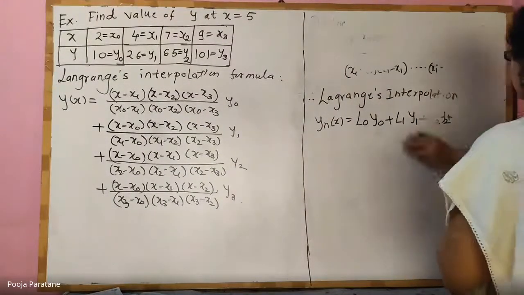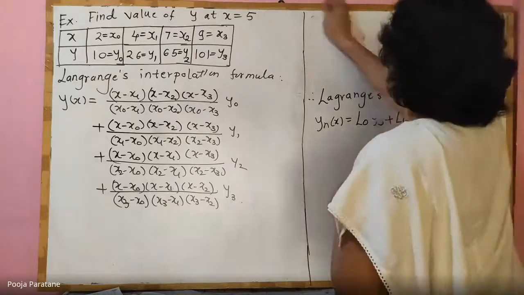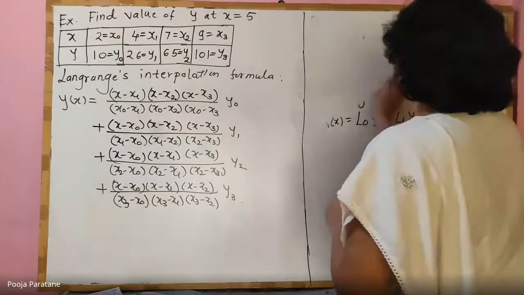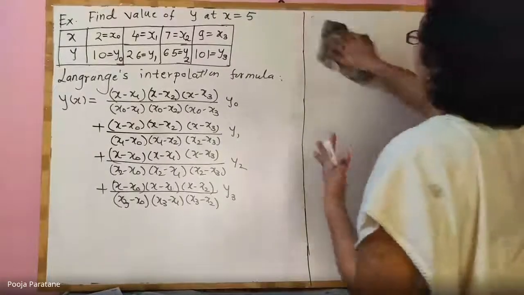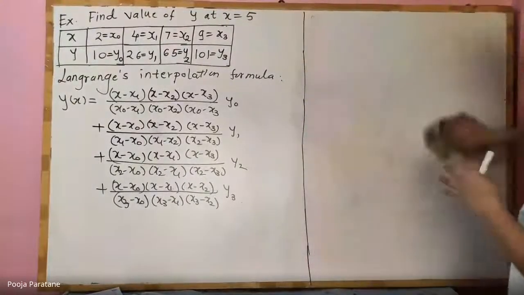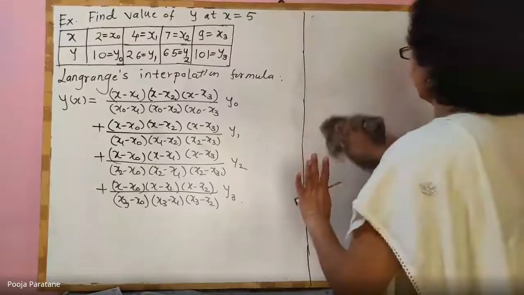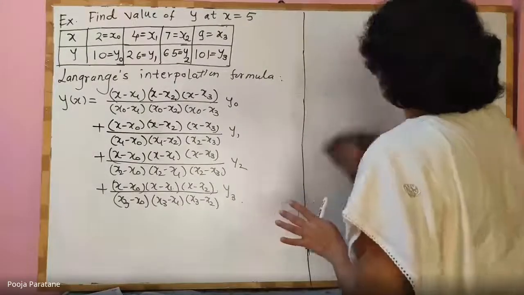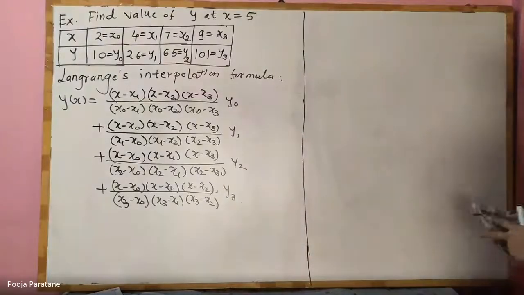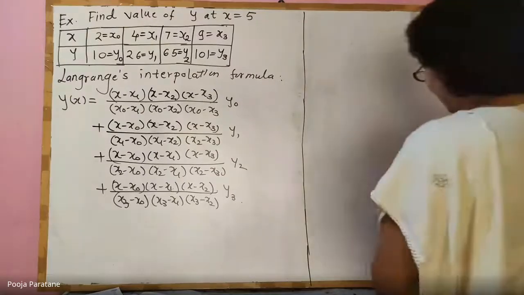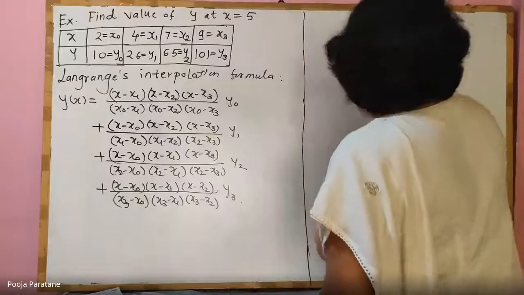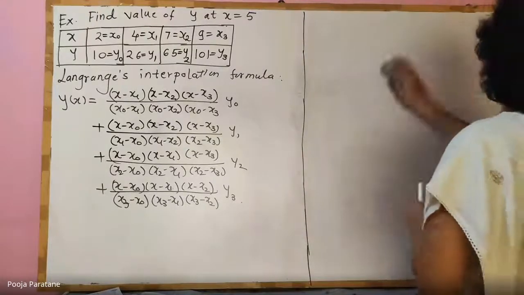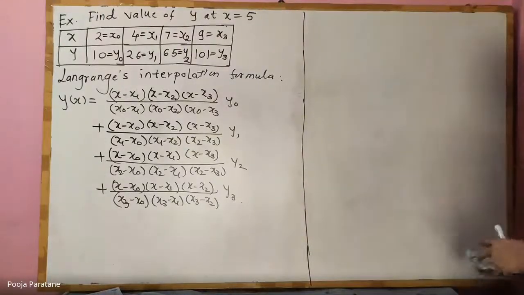So let me first consider the coefficients of y0, y1, y2 and y3 and calculate them first. As I always make mistakes in calculations, I do it stepwise, so there is no chance to commit any mistake, because a small error, a small carelessness, can lose you whole marks.